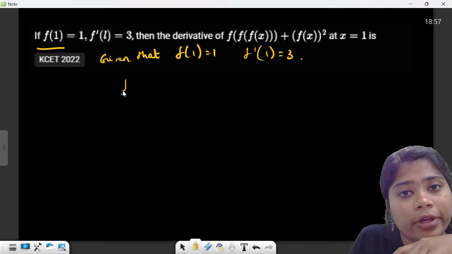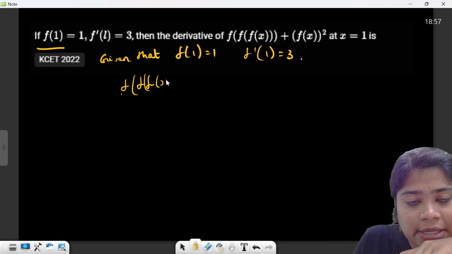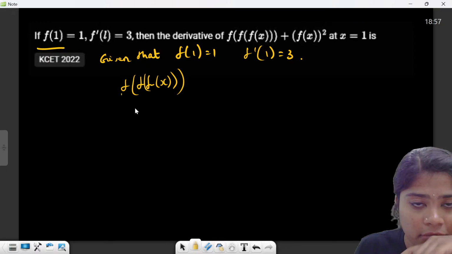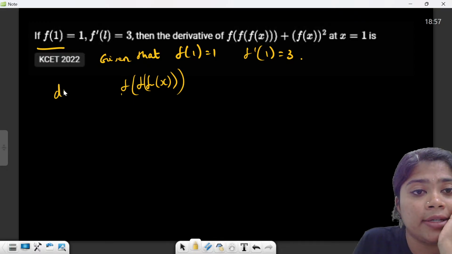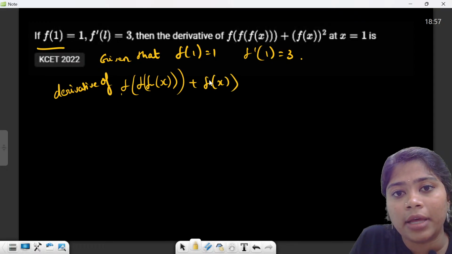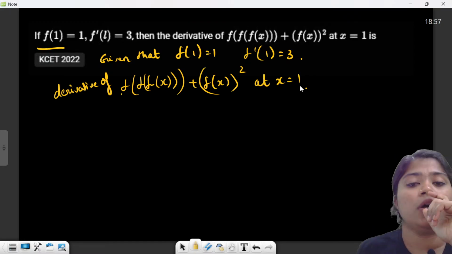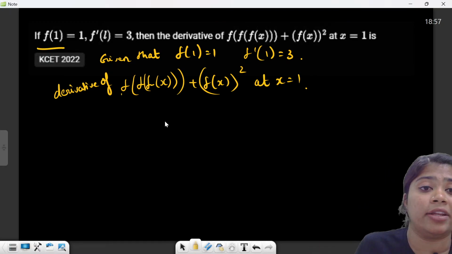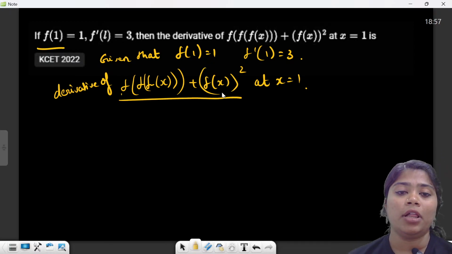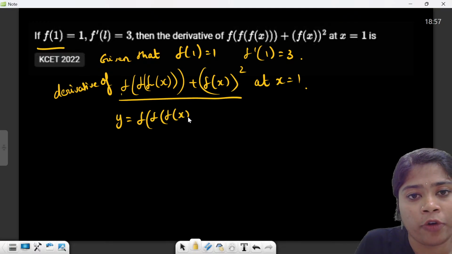So we want to find the derivative of this expression, f of x the whole square at x is equal to 1. Let me take this expression as y, y is equal to f of x.